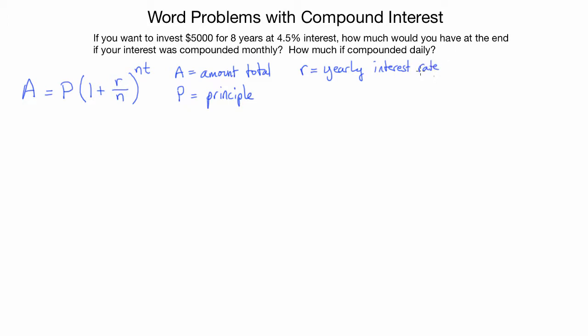We have to turn that into a decimal. So even though it's 4.5% interest, I'm not going to put 4.5. I need to turn that into a decimal. And then n is the number of compounds per year. And finally, we got t. How many years are we doing this? Number of years.